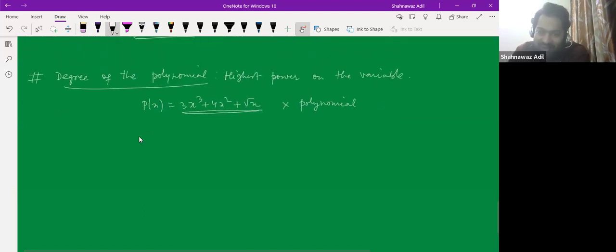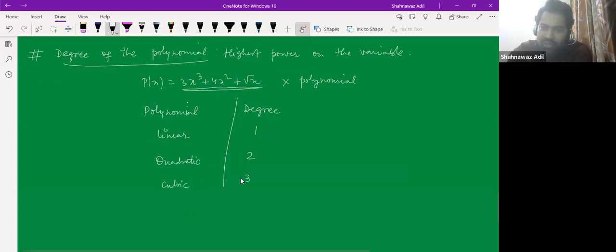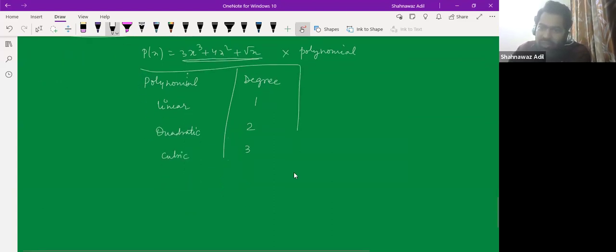Okay, so now let us write the types on the basis of degree. If we have degree 1, that is a linear polynomial. If we have degree 2, that is quadratic. And then degree 3 is cubic. So on the basis of degree of the polynomial, these are the types of polynomial.